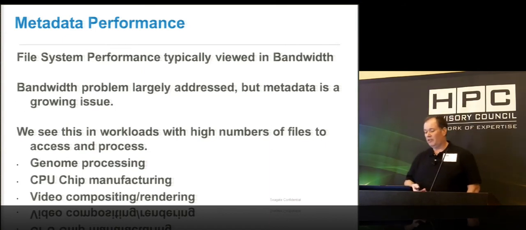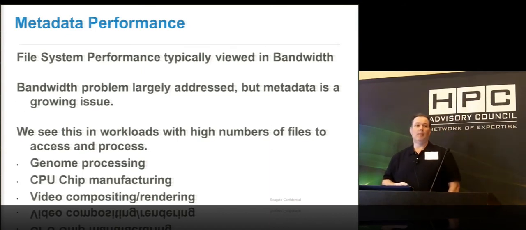And we see much more with metadata. Metadata being the data that describes files, whether it's the access allowed permissions for that file, or the size of the file, or information about it. And with the increasing number of files that we see, that becomes more of a problem.